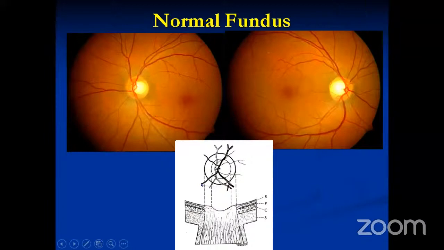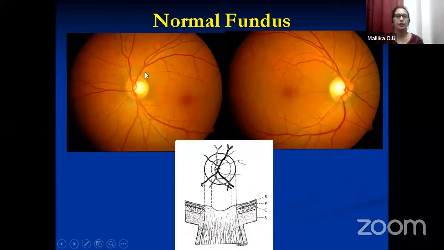Okay, so this is the optic disc, what we are talking about, which is almost round, or it is called vertically oval, with a central white area. You can see this is the optic cup, and the red color, that is peripheral to the white cup, is the neuroretinal rim, which is the most important part of the optic disc, through which the retinal nerve fibers or the optic nerve fibers go.